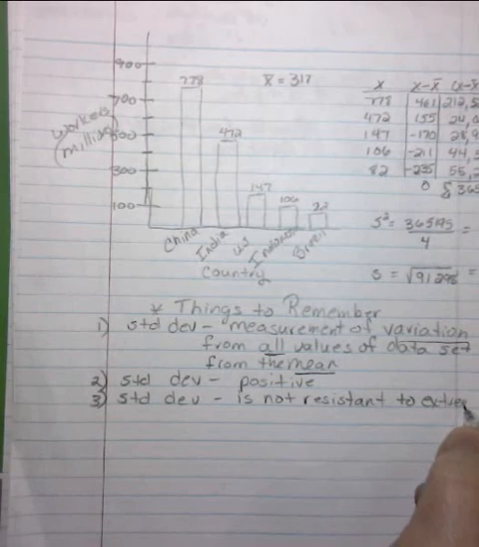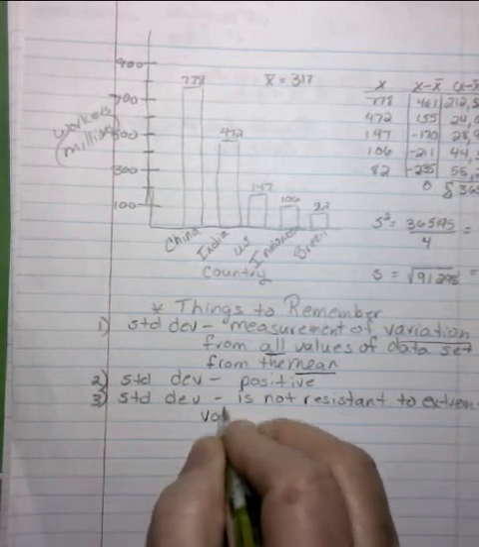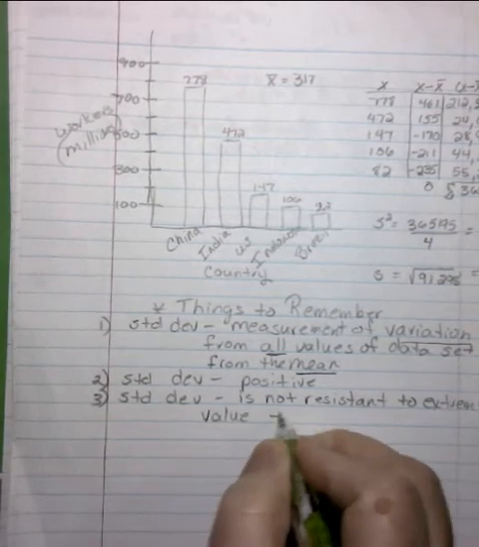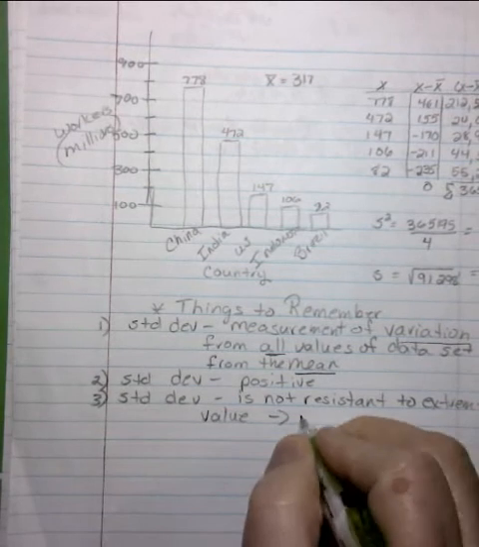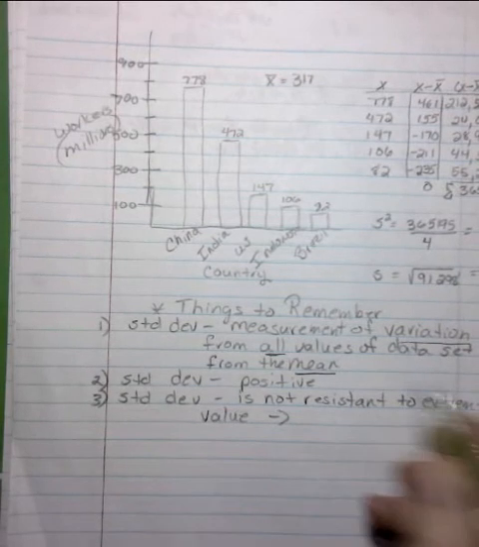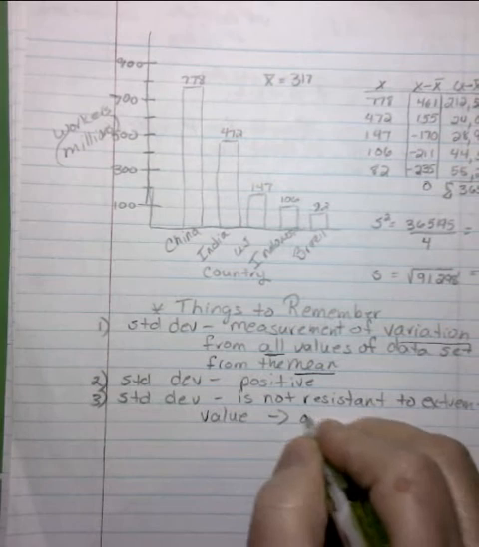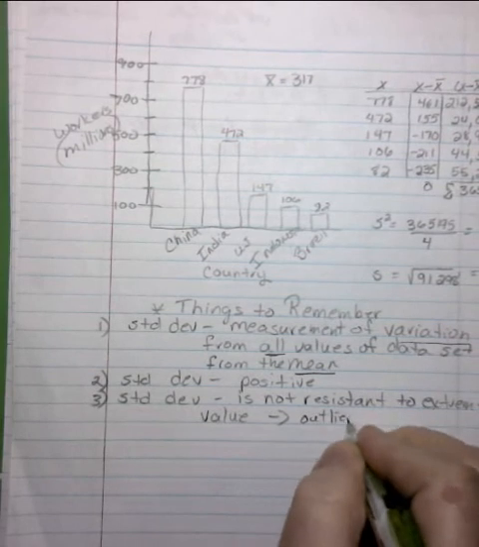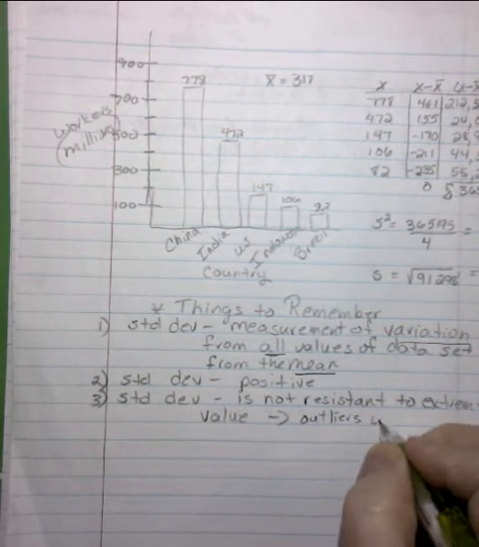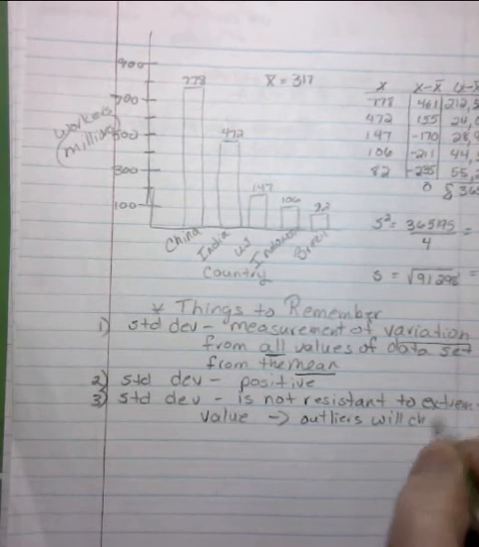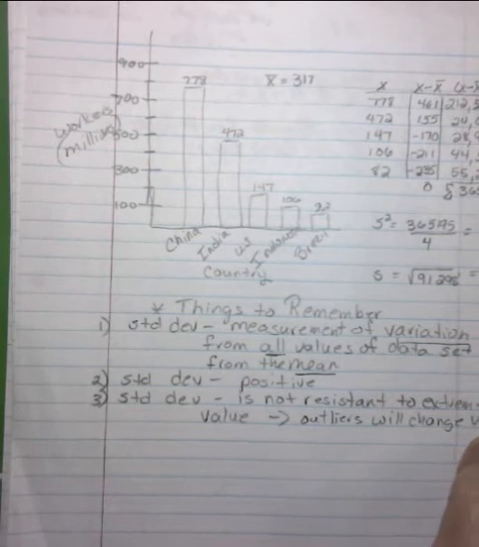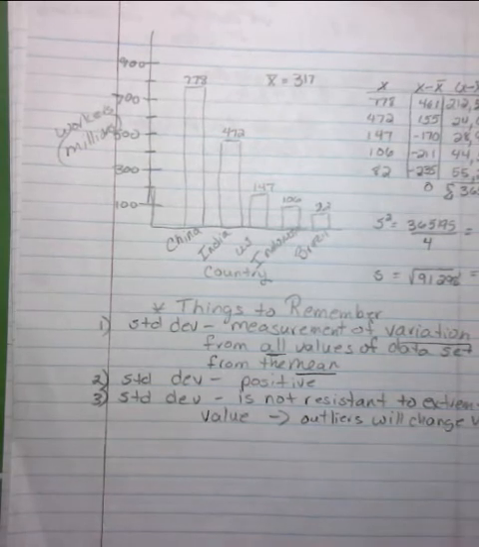Now, what does that mean? Not resistant means the high and low values, or the outliers, are going to change the value of the standard deviation.